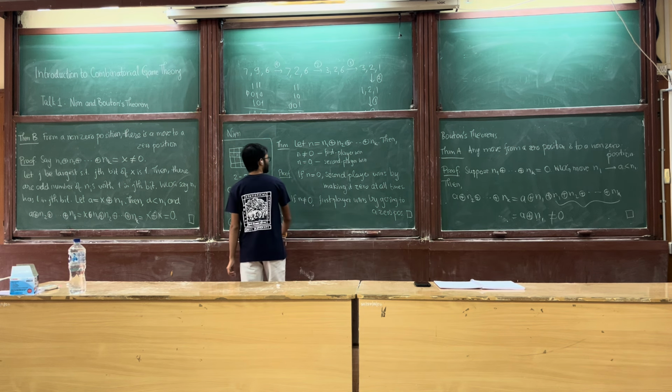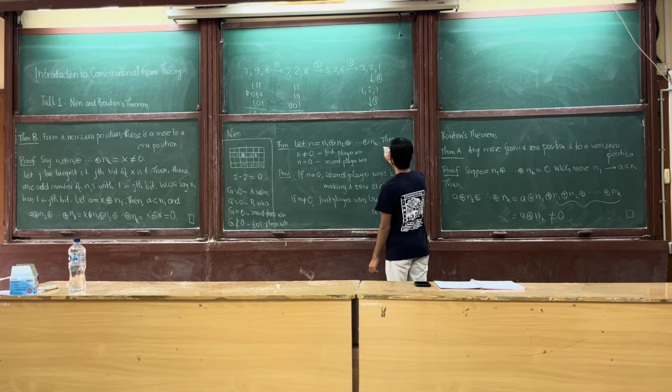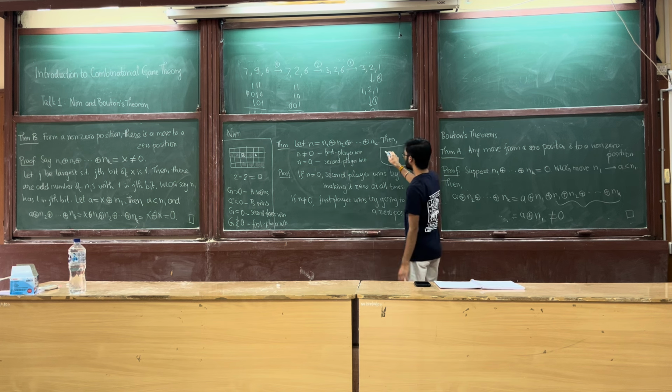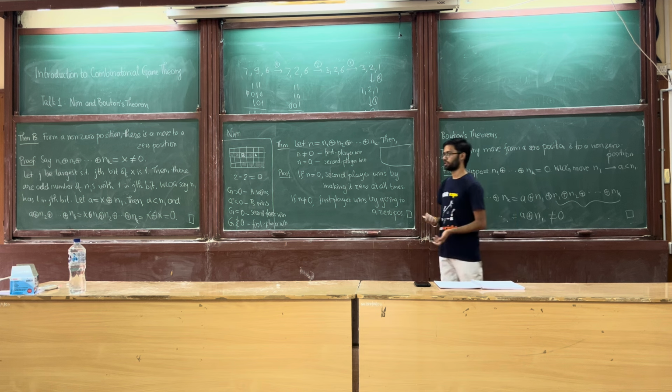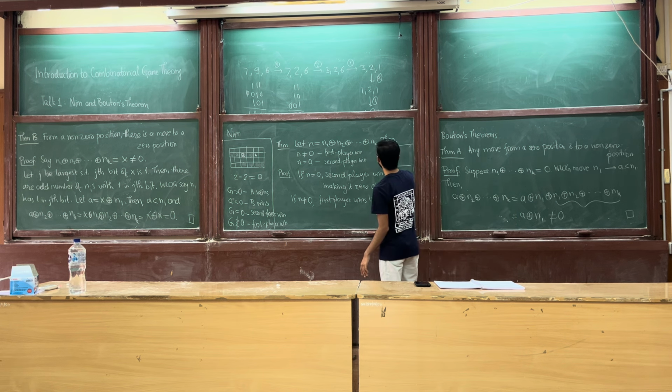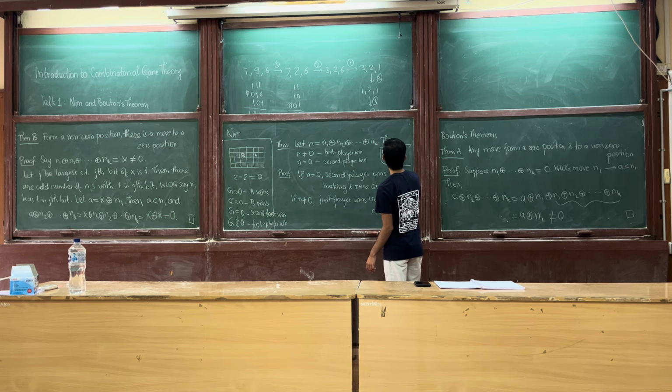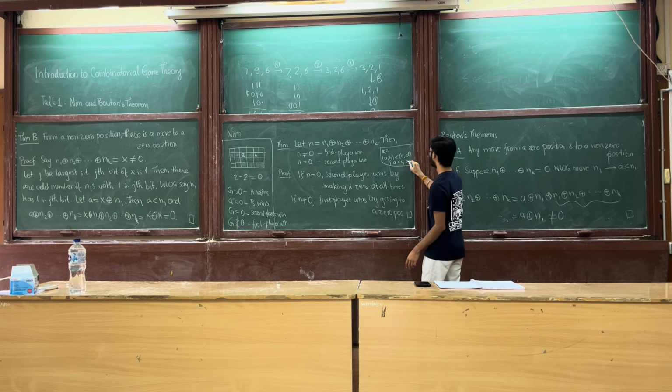I'll just give a simple example. In R, given any two real numbers, I can tell which one is bigger and which one is smaller, or if they're equal. But in, say, R2, suppose I define this order: (a, b) is less than (c, d) if a is less than c and b is less than d.